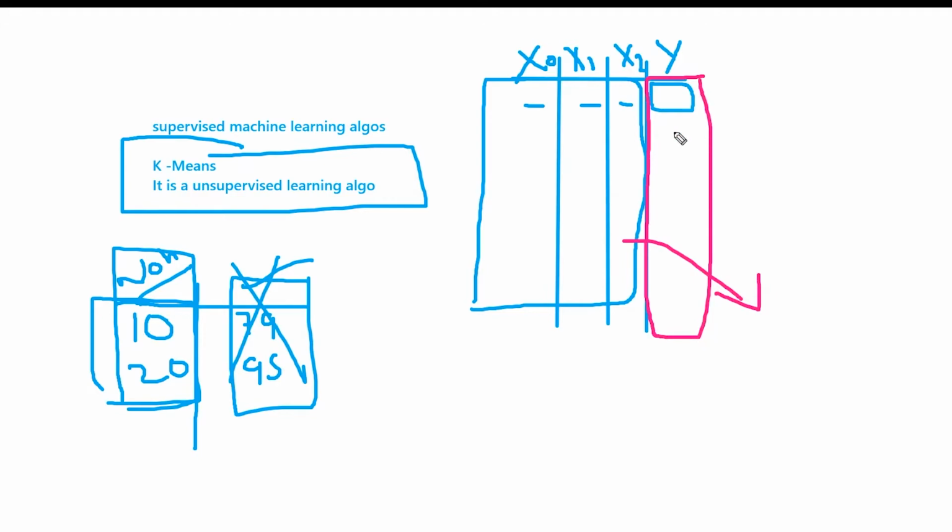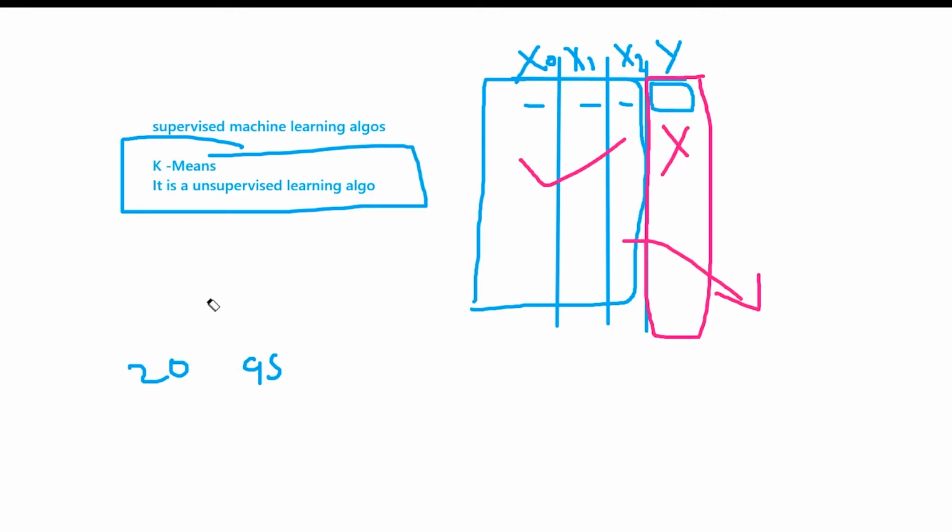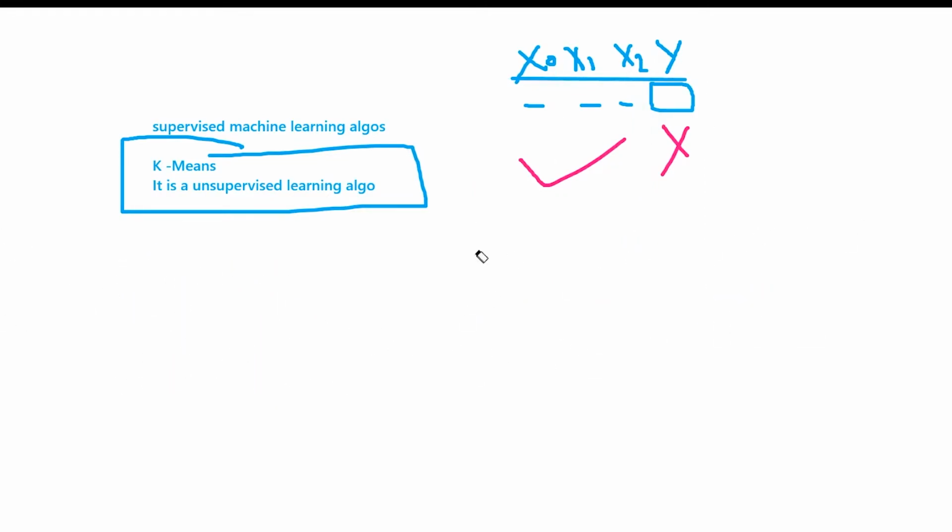We will not have this. We will only have the x part, not the y part. So this is what the k-means algorithm is going to do, and it is going to be an unsupervised learning algorithm, as I said earlier.